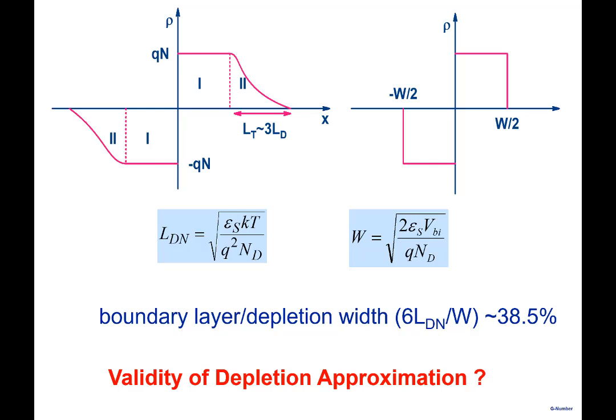So the transition region width is not negligible. 38.5, close to 40%. What it actually means is, I will show you actual simulation results, this constant region length is almost as large as the transition region length.